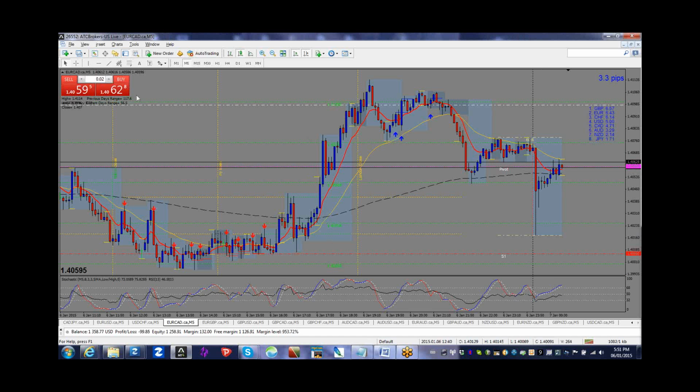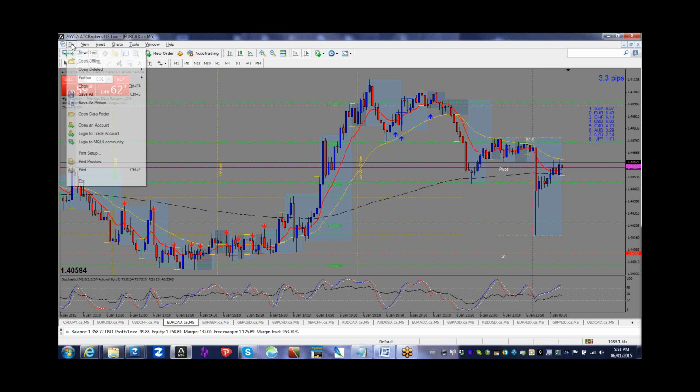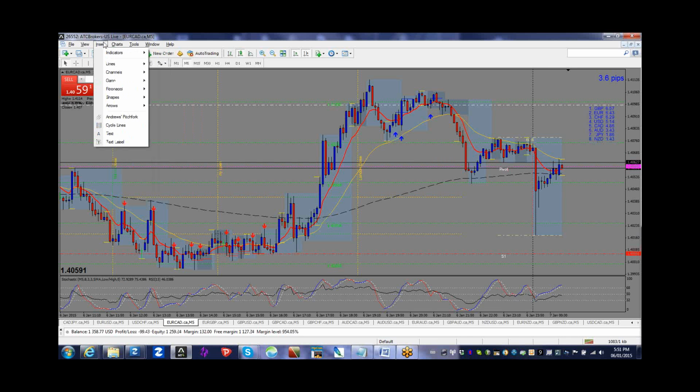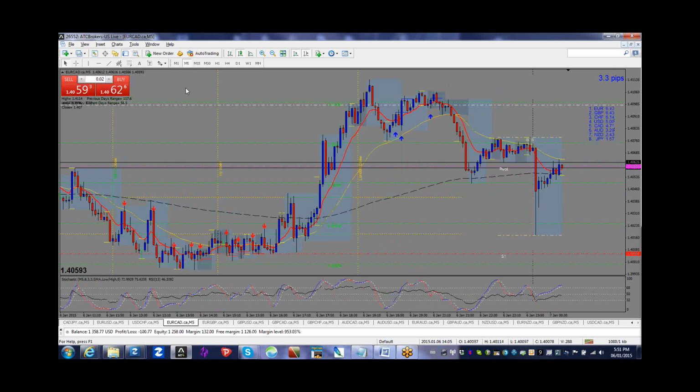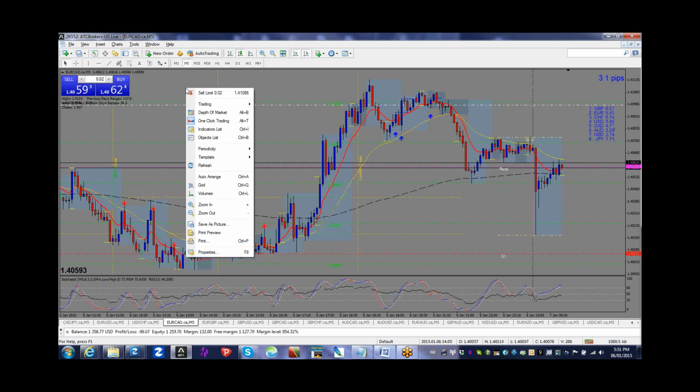Oh, okay. So if you want to, just go anywhere on the screen, like on your MT4 screen. Right click, and you want templates.